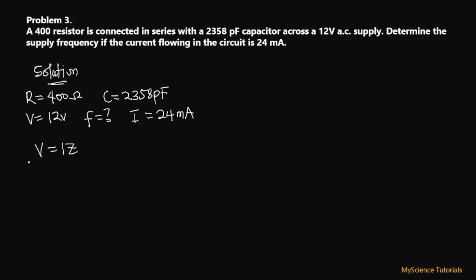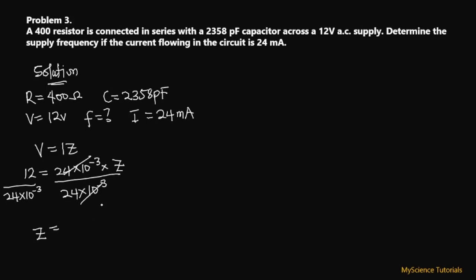So we have 12 volts is equal to the current, 24 times 10 raised to the power negative 3, multiplied by our impedance. We divide both sides by 24 times 10 raised to the power negative 3. So our impedance is equal to 12 over 24 times 10 raised to the power negative 3, which gives us 500 ohms as the impedance for this circuit.